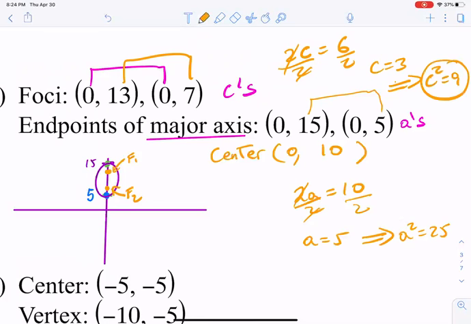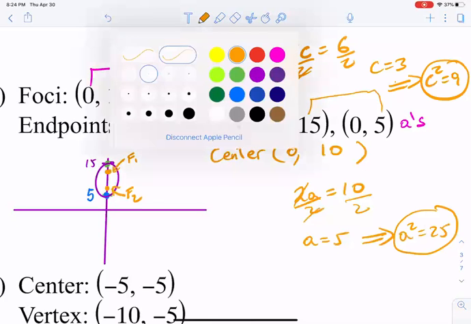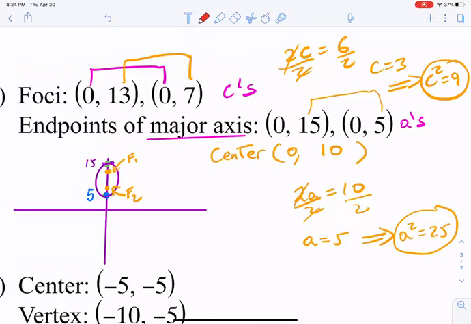So I have my c squared and my a squared, so I can find b squared, which I need. This is an ellipse, so a squared equals b squared plus c squared. A squared is 25. What is b squared? That's what I'm looking for. C squared is 9. If you subtract, you get 16 equals b squared.